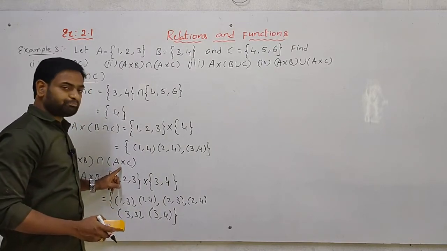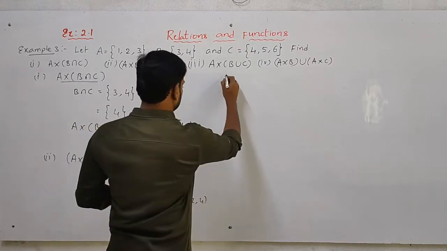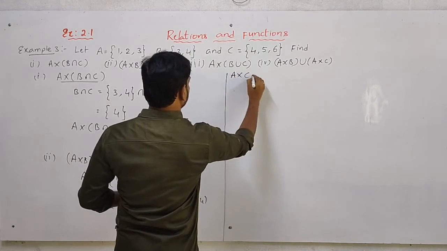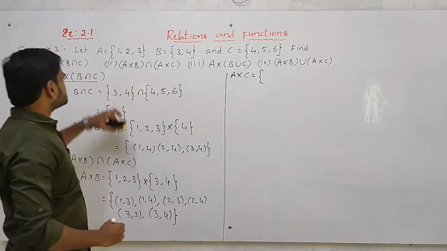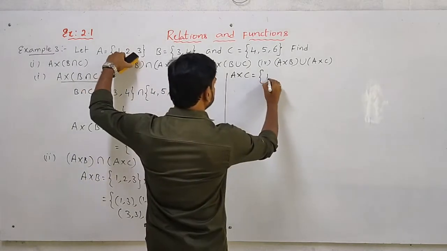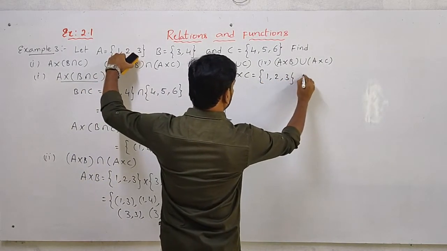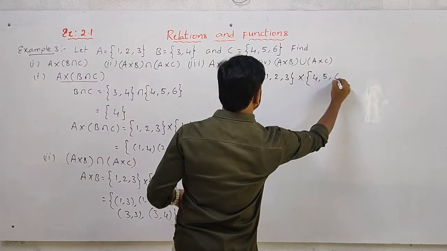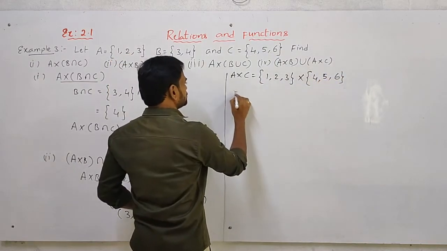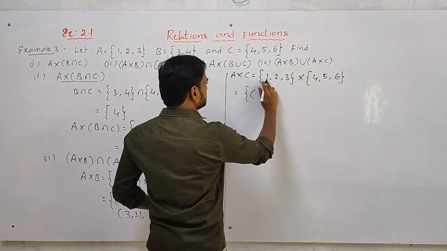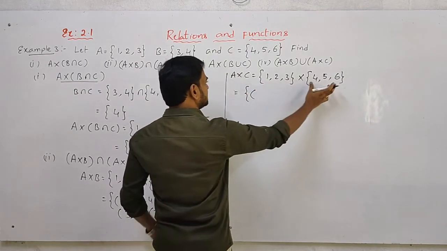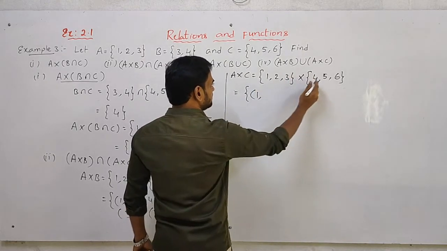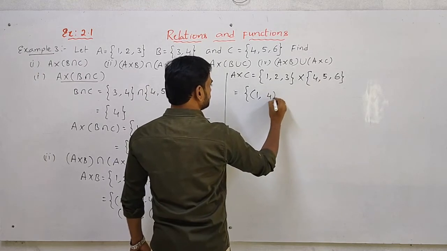Next, I have to find A cross C. What is the A set? {1, 2, 3}. Cross. What is the C? C is {4, 5, 6}. So write the ordered pairs here: first element from this set, second element from this set. So first element I am taking 1, here first element I am taking 4: (1, 4).